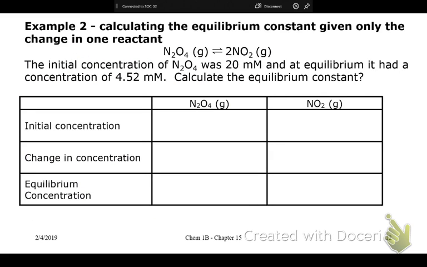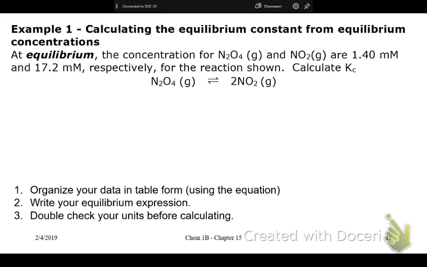Okay, so now we're going to look at a nice table, right? Initial, change, equilibrium, that's what that stands for. Oh wait, did I skip a slide? Oh yeah, I'm going to go back up one. And it says, calculate the equilibrium constants from equilibrium concentrations. This is the first kind of problem you should learn.